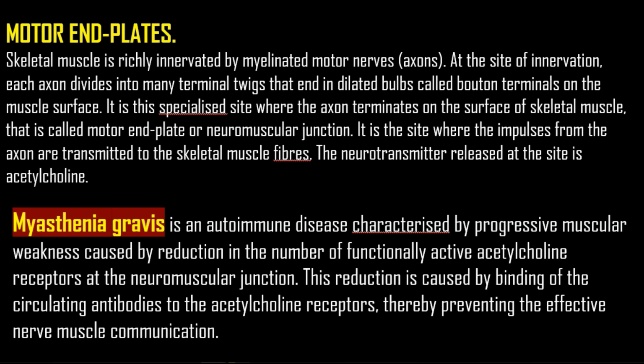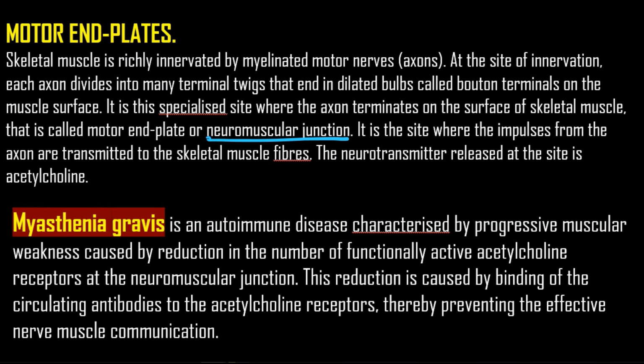So at the neuromuscular junction, if there is a destruction or a reduction of a neurotransmitter, a chemical that causes the depolarization of a muscle cell at the neuromuscular junction, then you have a condition called myasthenia gravis.